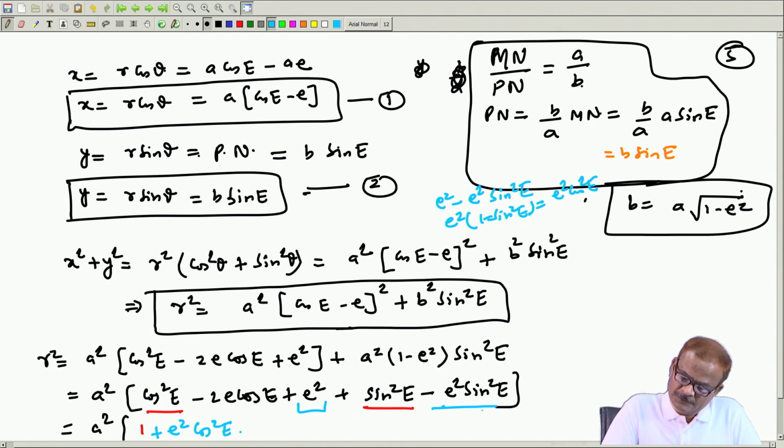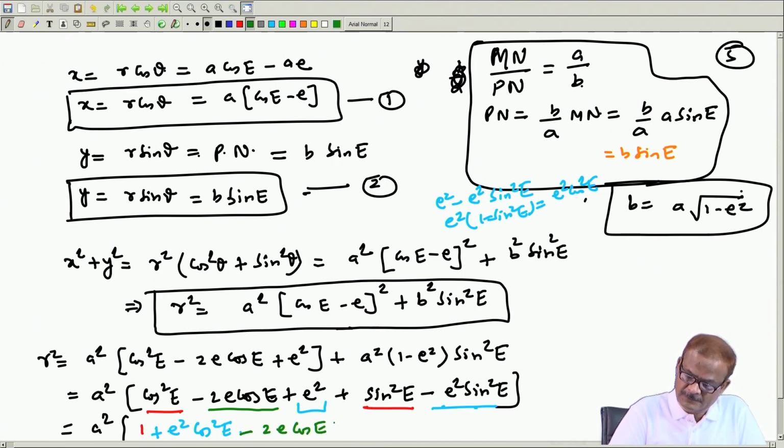So this term and this term are taken care of. The last term remaining is minus 2 e cos E, and if you can see, this is nothing but (1 minus e cos E) whole square.